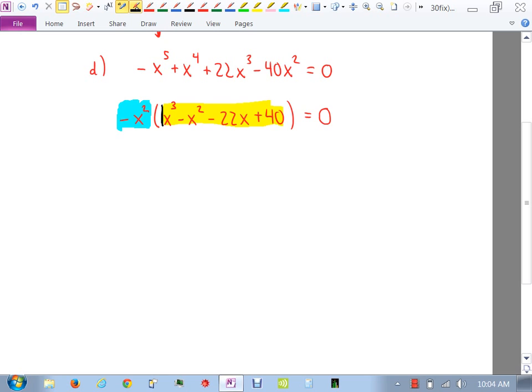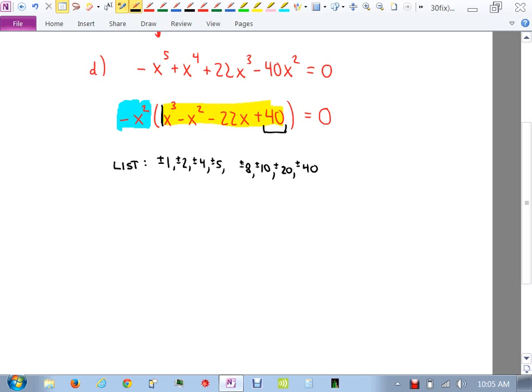Synthetic division. My list. I do need to see your list. It should be all the factors, positive and negative, of what number? 40. Okay, so 1 and 40, 2 and 20, 4 and 10, 5 and 8.